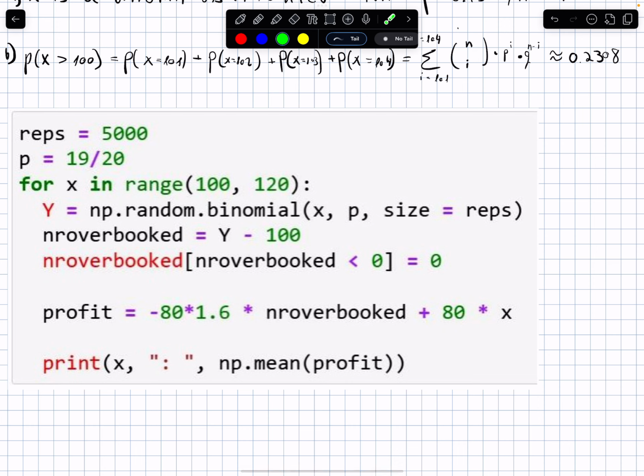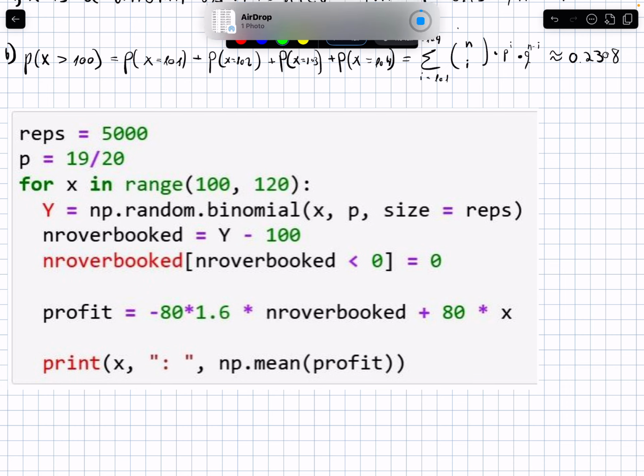Okay, so if you want, I will also add an image of the simulation results, so one second, I will do it. And we can see that the top will be 106.